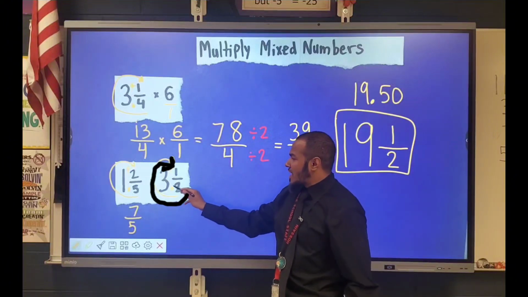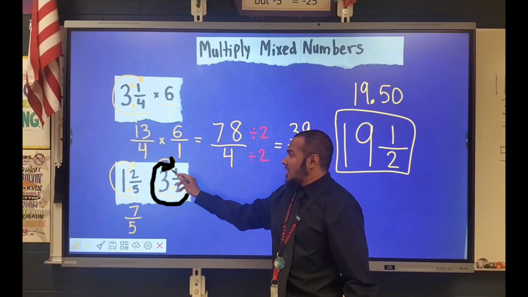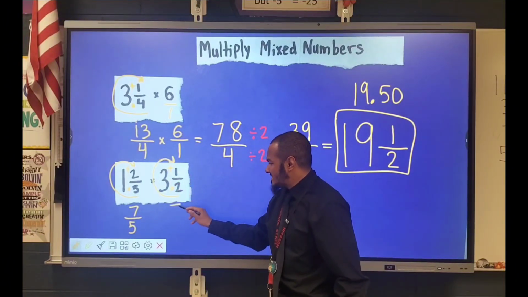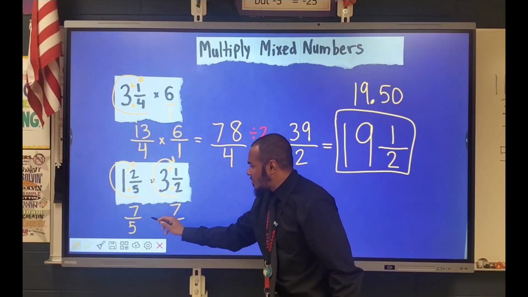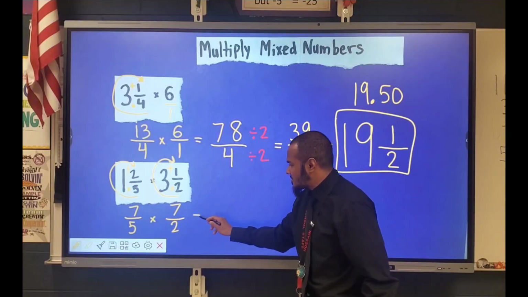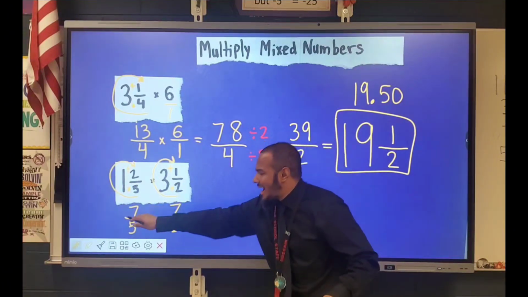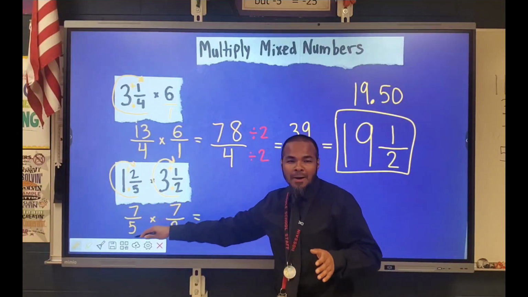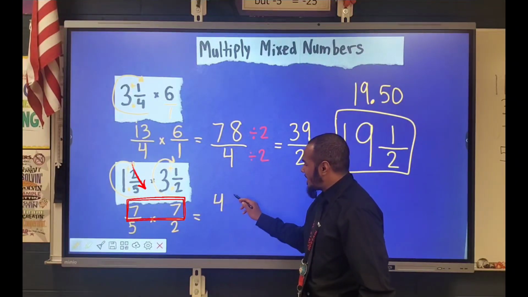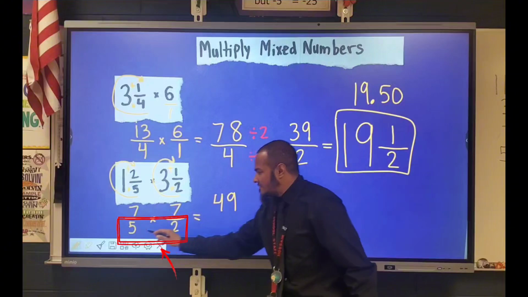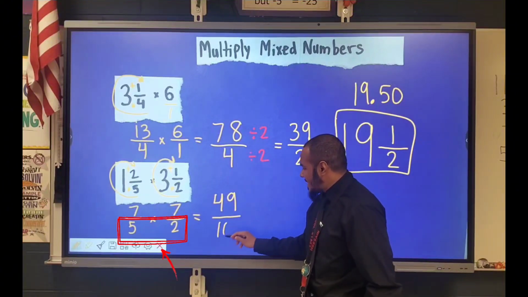And so 2 times 3 is 6, plus 1 more gives you 7. The denominator is a 2 here, so it stays the same. Then you just multiply straight across, right? You multiply the top with the top and the bottom with the bottom. 7 times 7 is 49. 5 times 2 is 10.